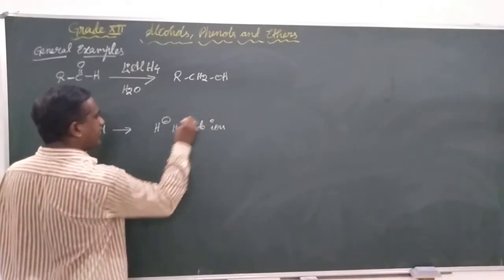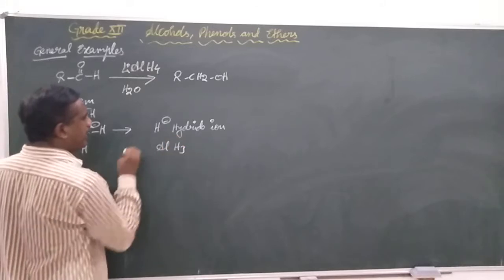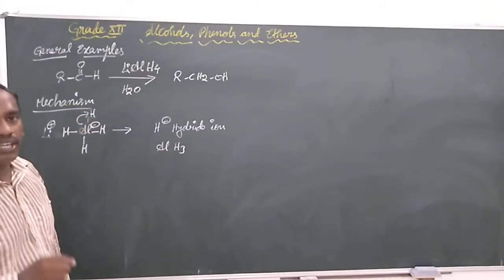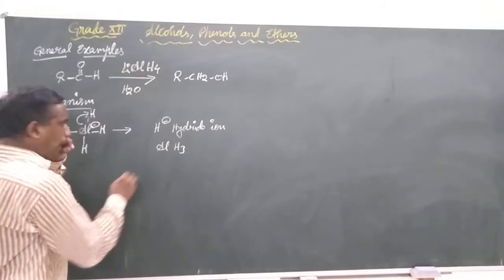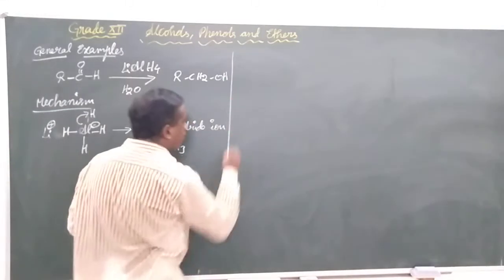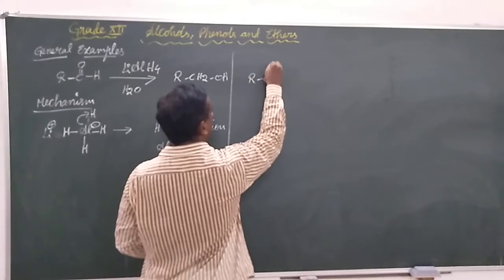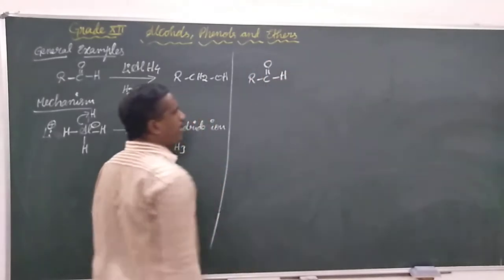And the remaining part will be like AlH3, aluminum trihydride. And now this hydride that is generated is going to react with our carbonyl group.